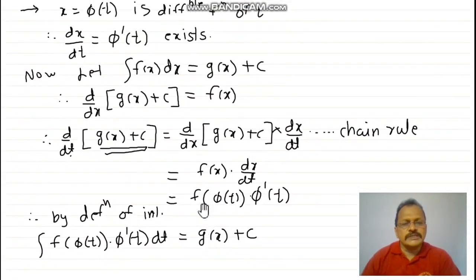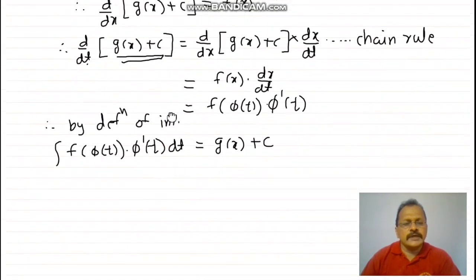Now this gx plus c is nothing but integration fx dx.